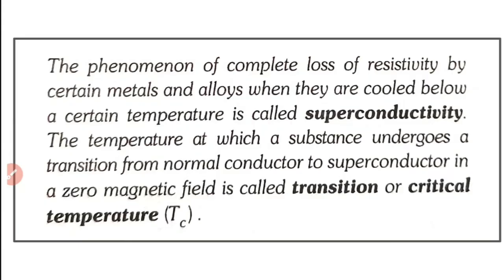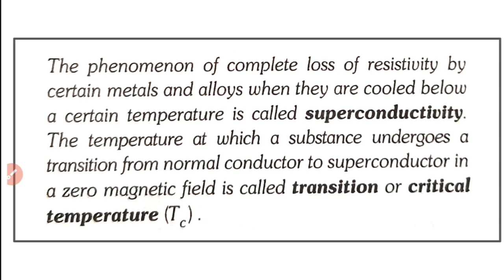Now one small additional topic. In the last 2 or 3 years, 1 mark questions were there from this topic, superconductivity. Keep in mind what is meant by superconductivity. It is the complete loss of resistivity by certain metals and alloys when they are cooled below a certain temperature. So it is a low temperature phenomenon.